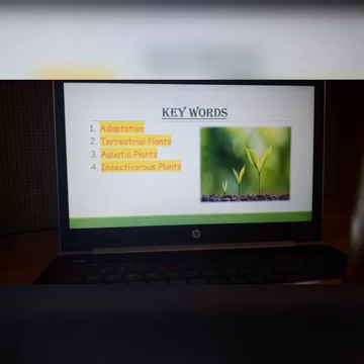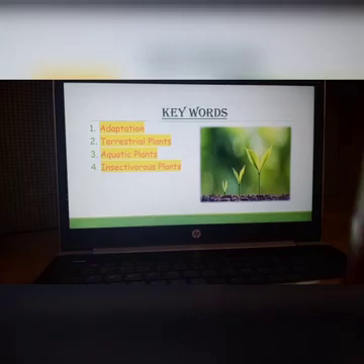Then in this chapter I have already explained the different types of aquatic plants. The first one is floating plants, meaning the plants that float on the surface of water. Floating means तैरने वाले, जो plants तैरते रहते हैं.